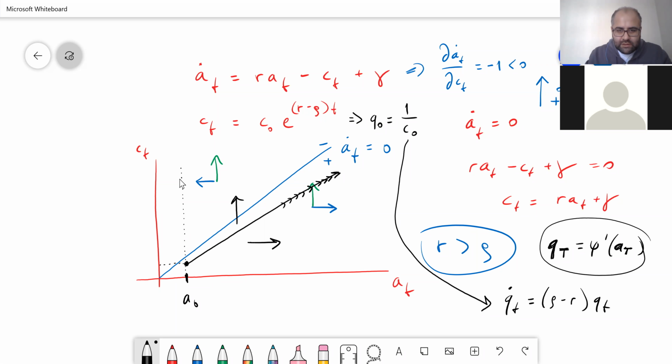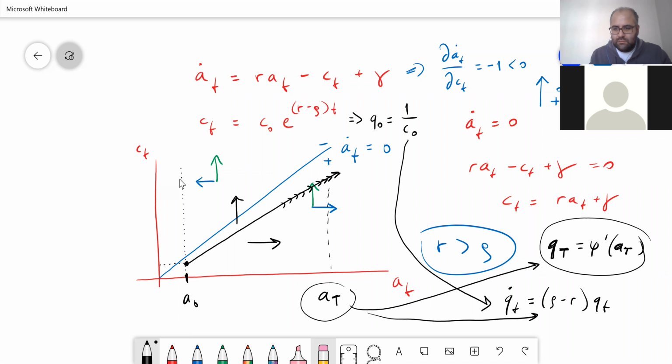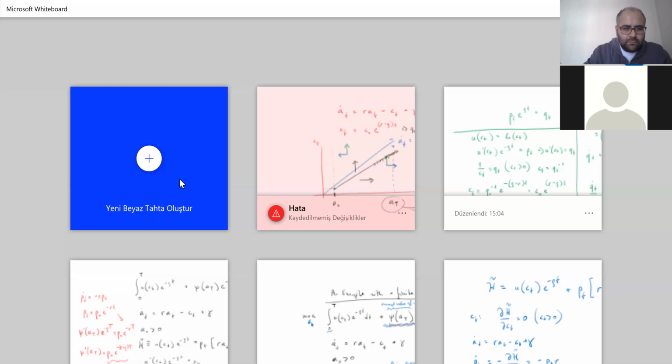This AT must be consistent with both this and this, the growth. And where to start this growth depends on how you choose your initial consumption.